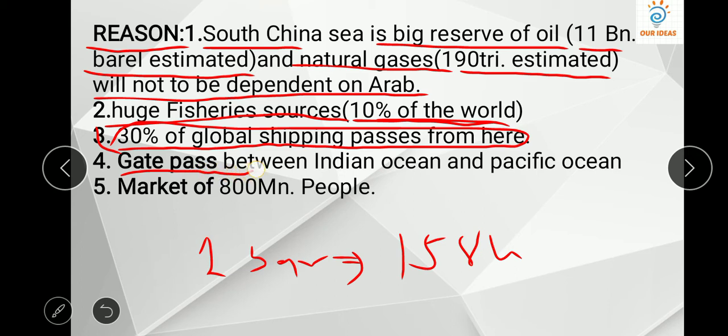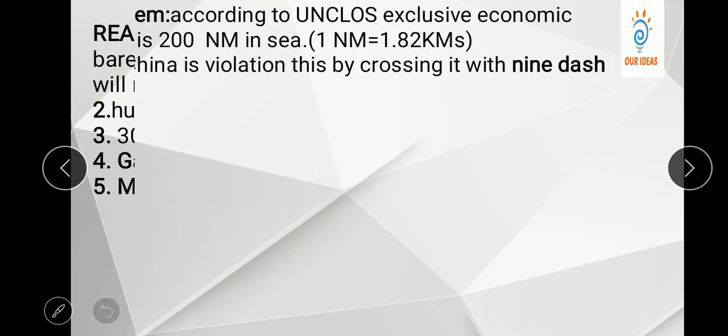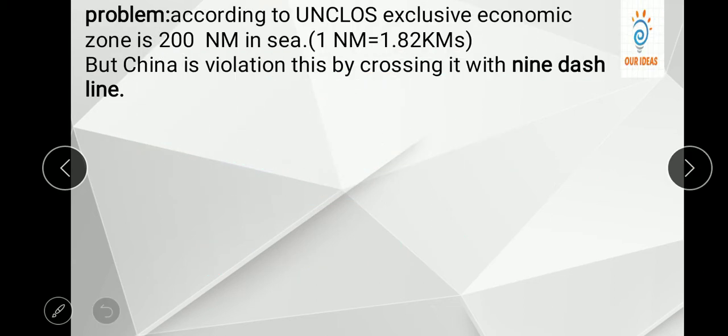As I mentioned earlier, it is the gateway between the Indian Ocean and the Pacific Ocean, and a market of 1800 million people, because all the Southeast Asian countries are connected with the South China Sea. So what is the problem?